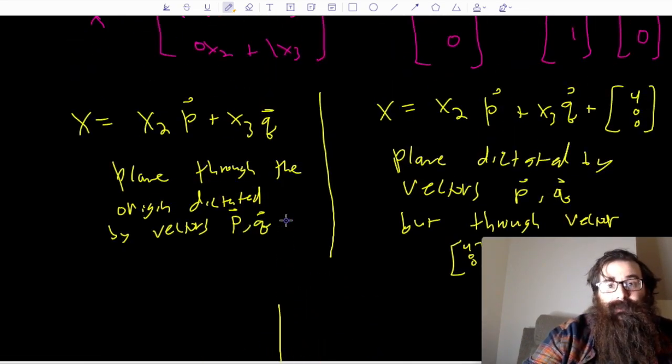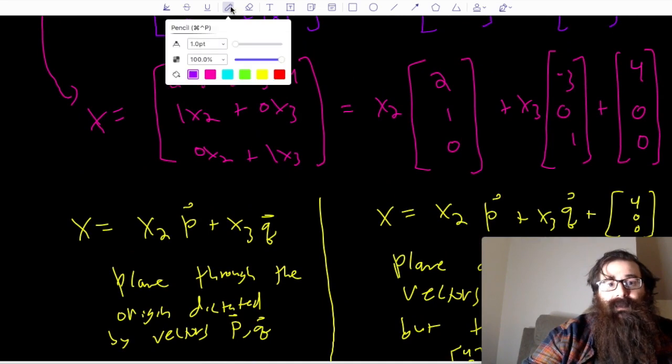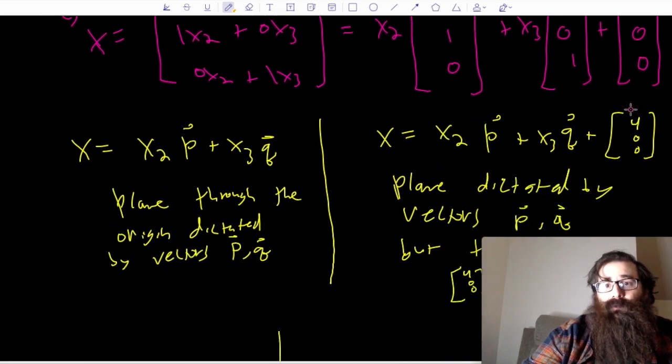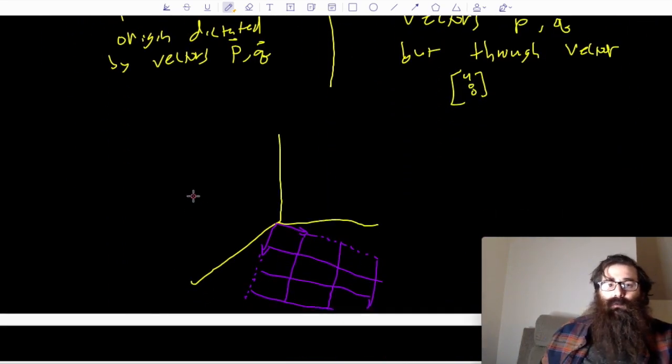What's different about the second solution in pink, it's really the same plane, except it's been shifted, right? It has this different intercept vector at 4, 0, 0. So I can think of it as being translated in the x1 direction, however that looks. I'll just draw it up here for the sake of convenience. But it should really be the same otherwise. I have vectors p and q in the same regard, but it's been shifted up.